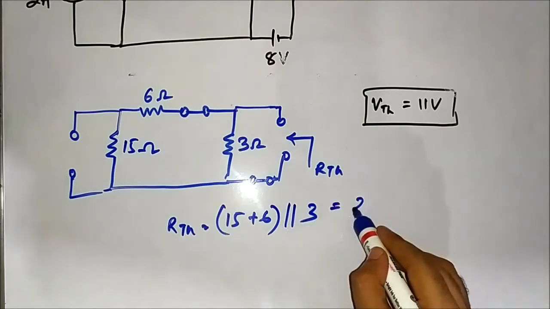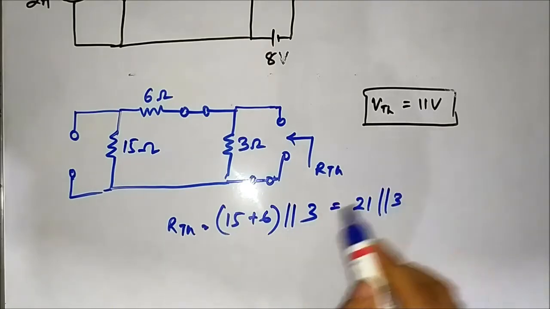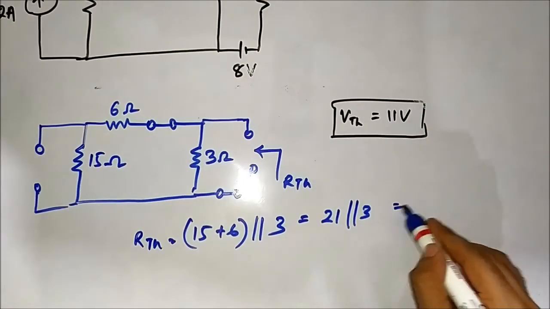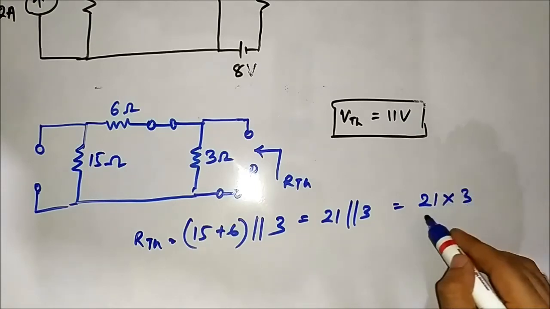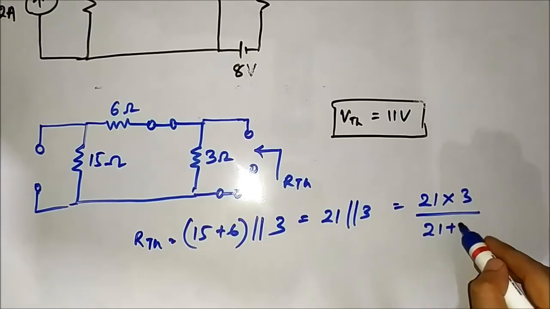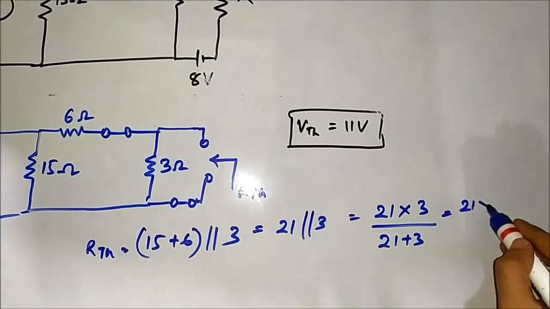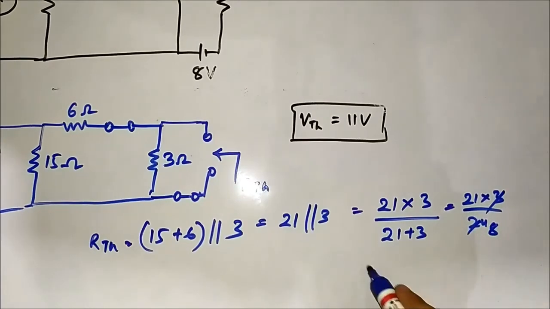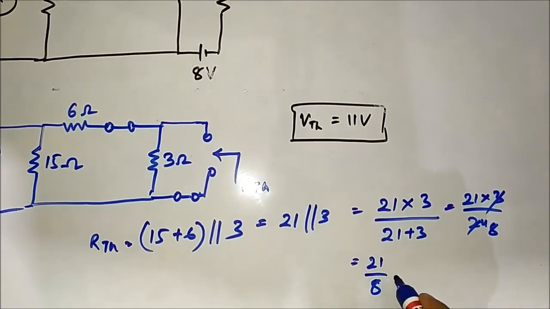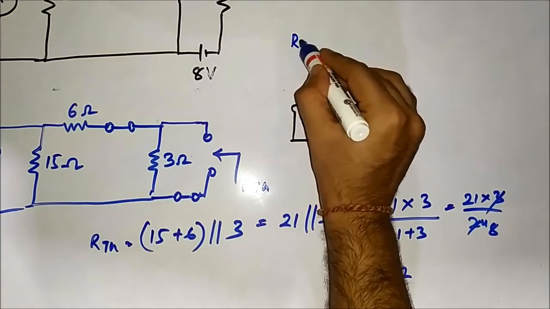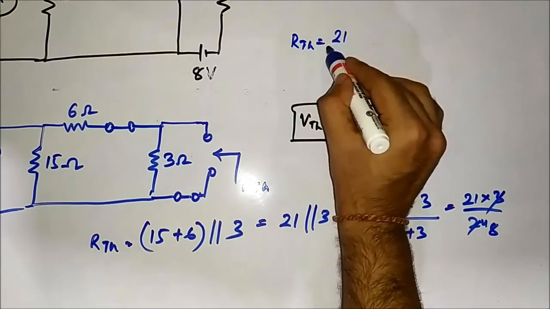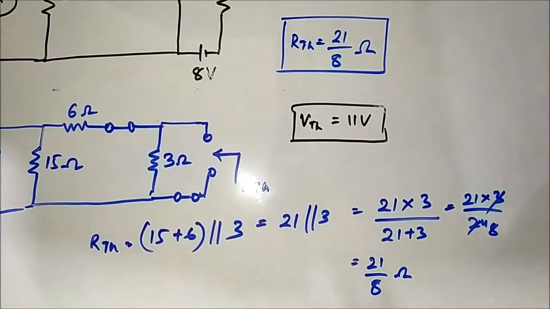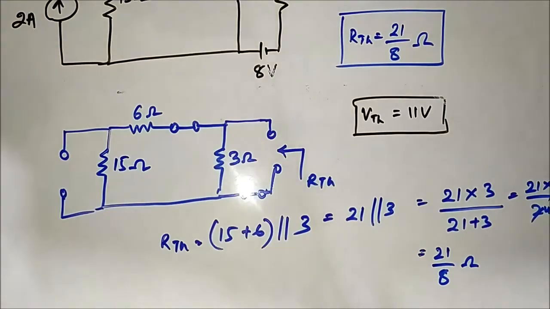That is 21 parallel 3, which is equal to 21 into 3 by 21 plus 3, which is 21 into 3 by 24, cancelling by 3, which is equal to 21 by 8 ohm. So RTH is equal to 21 by 8 ohm. We have got VTH and we have got RTH.